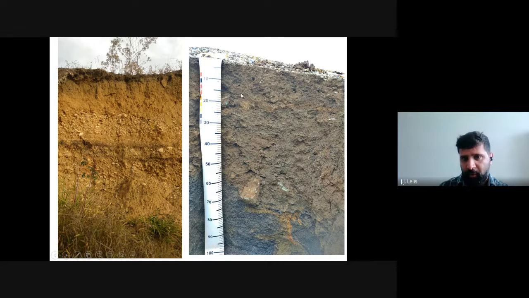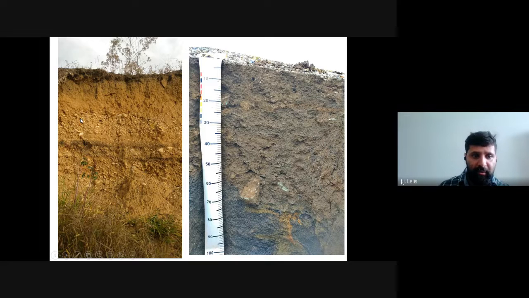So the addition of this material is increasing the diversity of minerals, morphology, color, consistency, texture of this horizon. So these burial processes are increasing variation, a diversity process in the soil formation.